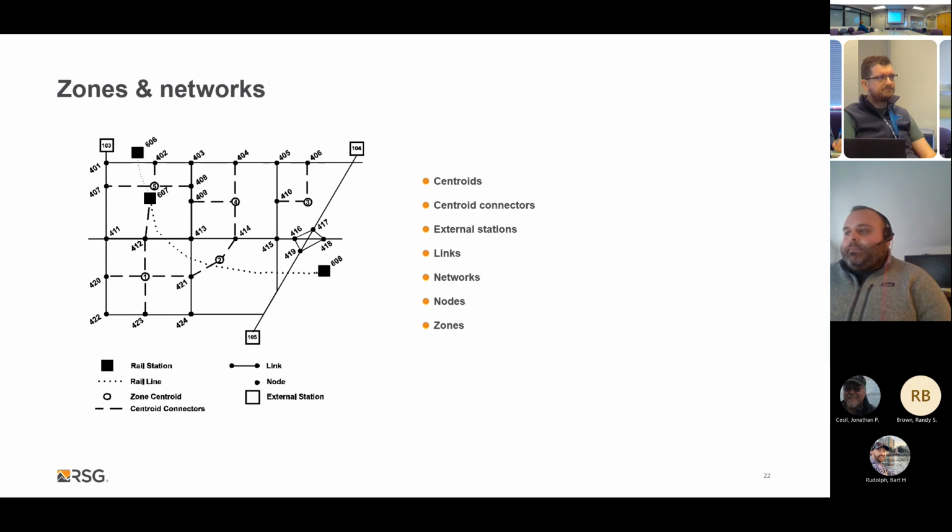And the TAZ size and boundaries depend on the model application, the functionality of the road network, the underlying census data of the zones, and then natural and man-made barriers. So in general, when we delineate or draw travel analysis zones, we want to make sure that we're drawing the zone so that it's bordered by major roads.